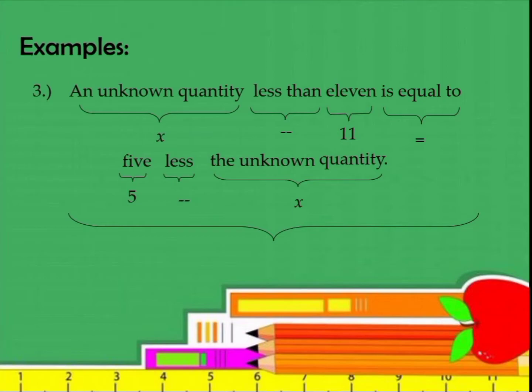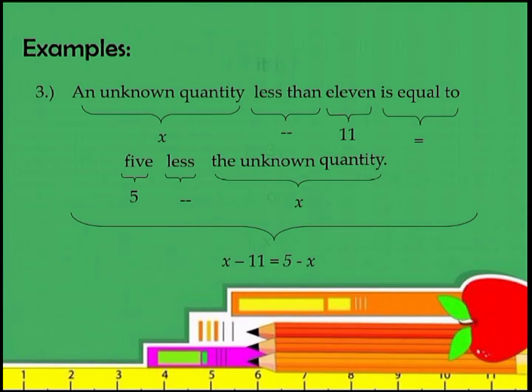So, pag pinagsama-sama natin, our final answer is x, or we can use any other letter, minus 11 is equal to 5 minus x. So, I hope for those 3 examples, we are now able to translate verbal expressions to mathematical symbols and vice versa.